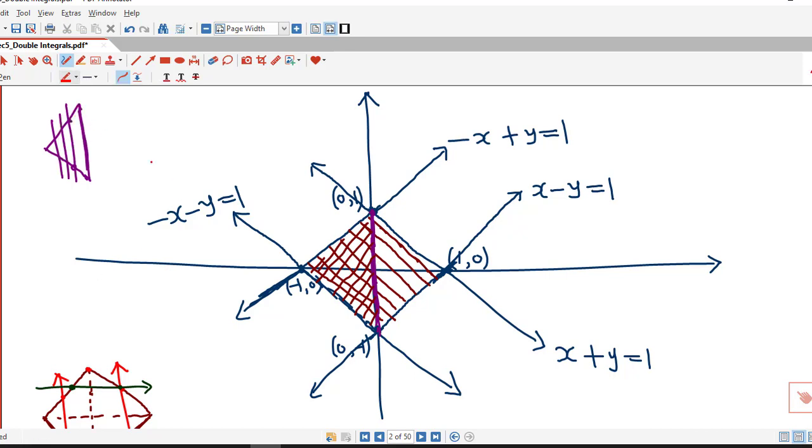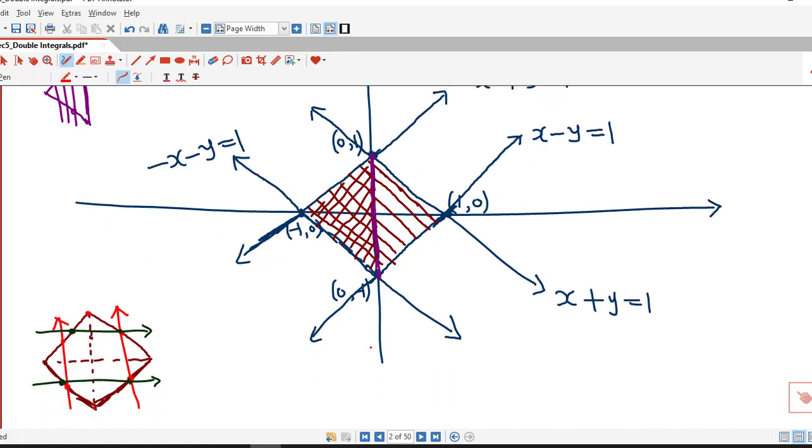So we now have to decide the limits of integration for both regions. We consider one vertical line passing through this region, and similarly a vertical line passing through the other region. Now this point is on the line minus x minus y equals 1, and here we require the value of y.